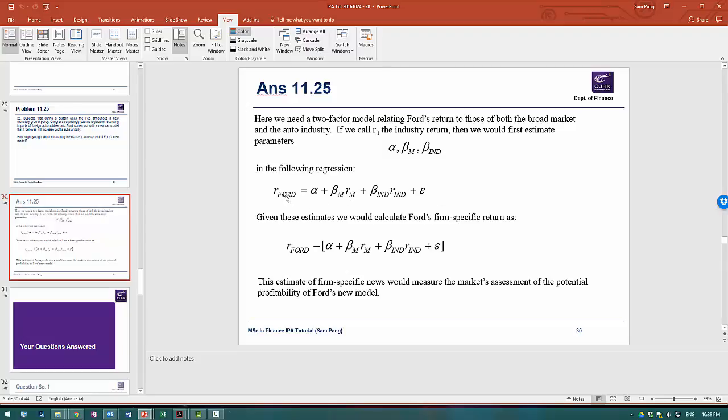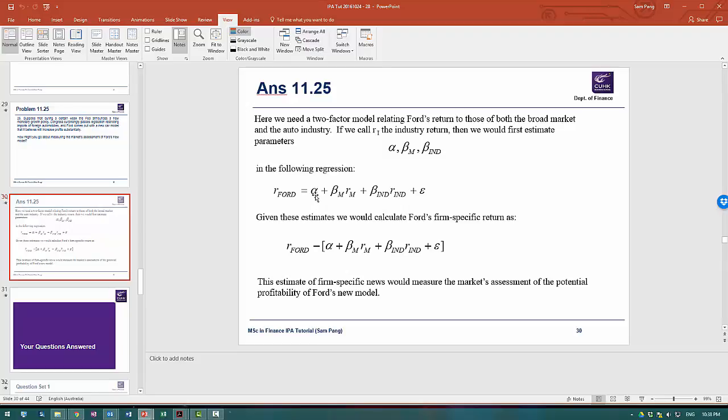And we assume that the return of Ford is driven by the market return, and then the industry factors. Okay, so the market return will be influenced by interest rates, and then the restriction on imports will impact the sensitivity specific to that industry. Okay, and then you get these parameters. And then you also need an alpha term in there.